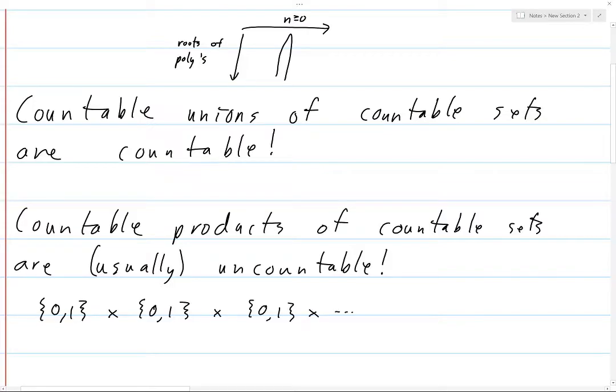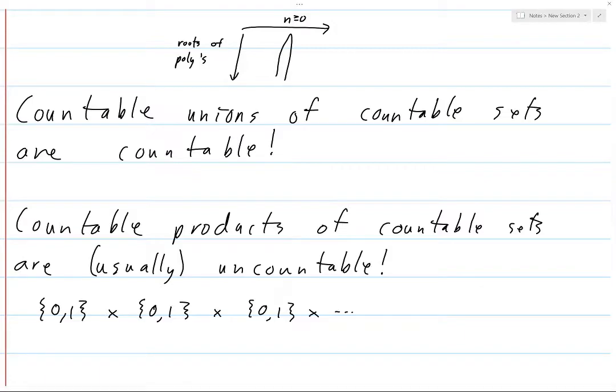So you take countably many products of the finite set containing just 0 and 1. These aren't even infinite sets that we're taking the product of. These are just finite sets, and in fact they have just two elements.